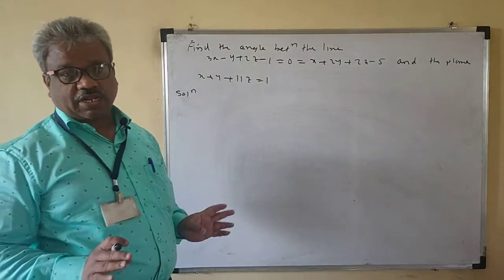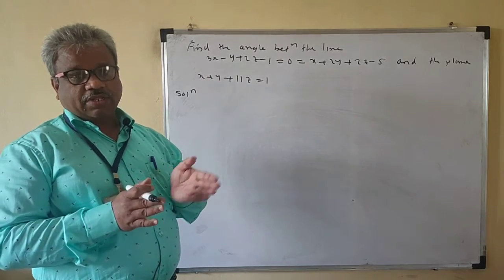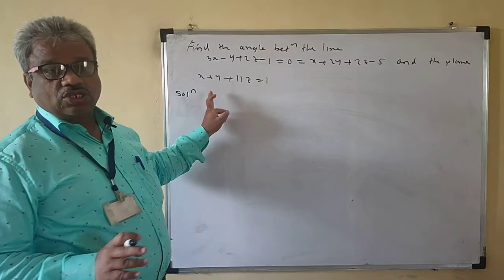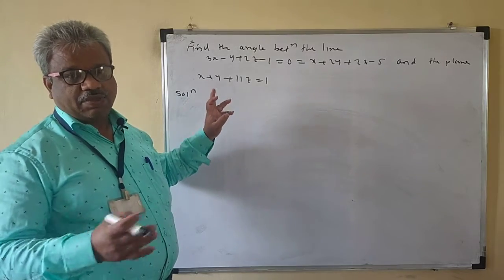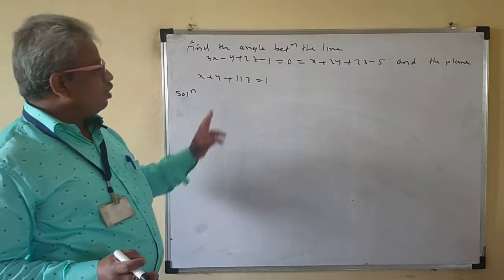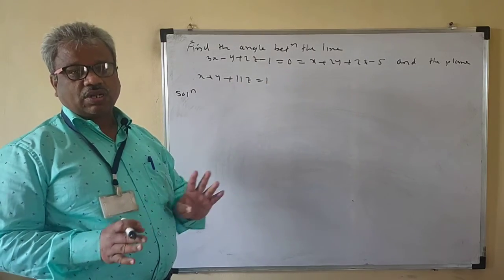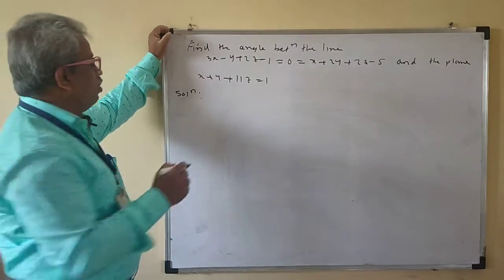The line is not in the symmetrical form. To find the angle between the line and the plane, what do we need? We need the direction ratios of the line and the direction ratios of the normal to the plane. You have the equation of the plane, that means you have the direction ratios of the normal to the plane. But we don't have the direction ratios of the line, because the line is not in symmetrical form. So we'll find them.